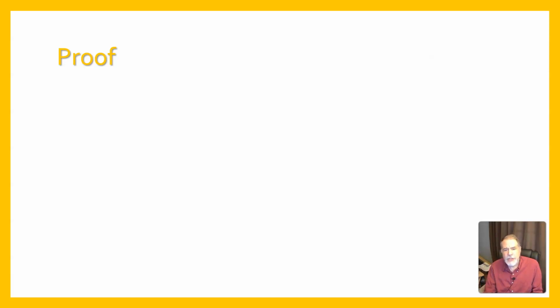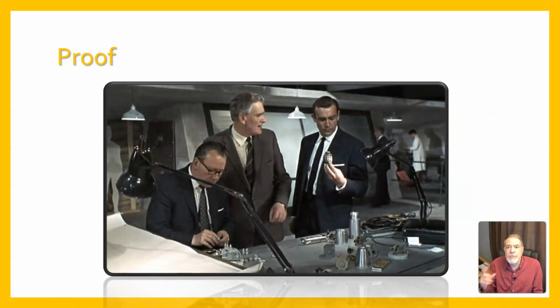So this reminds me a little bit of how in many of the James Bond movies, there's a scene early on where Q introduces Agent 007 to some fancy high-tech gadgets that he can use, and then later on in the movie, he'll be using those gadgets to get out of a tight spot or to do something secret agenty.